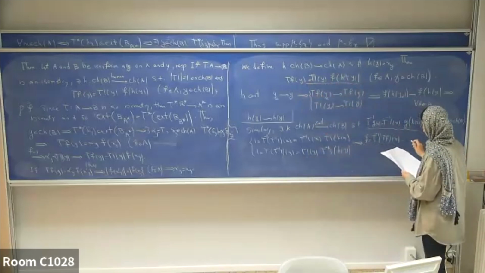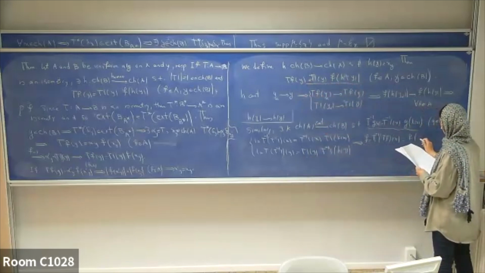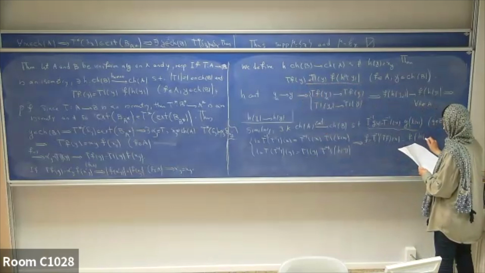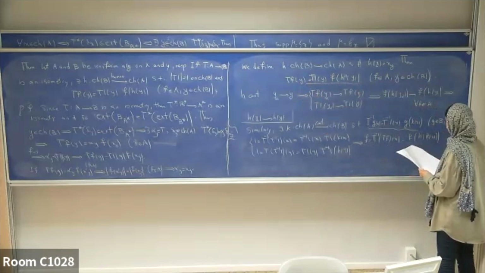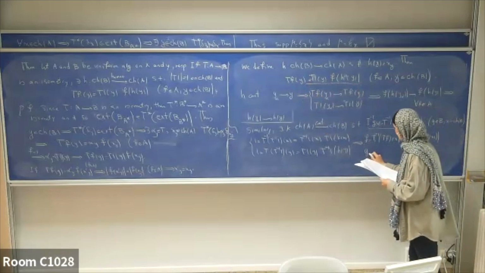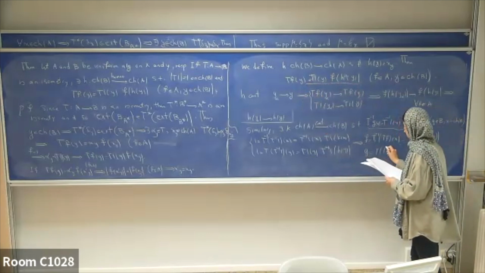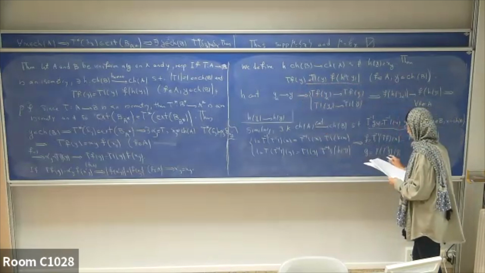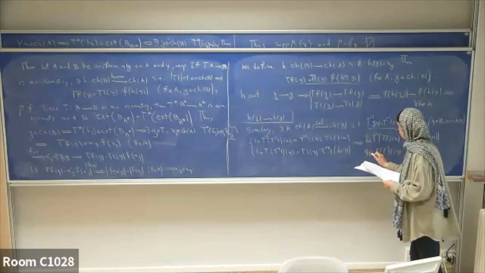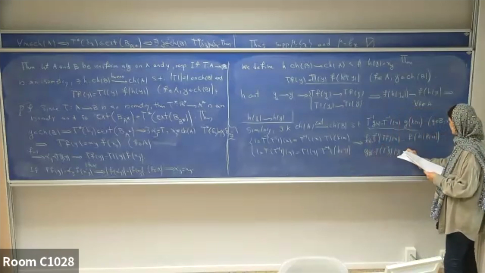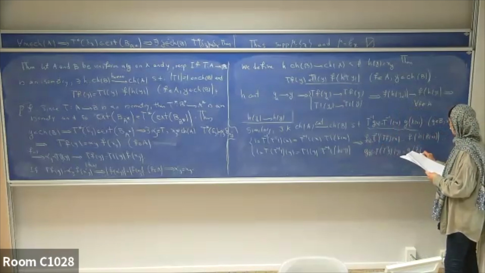And we finally get this is f of H of K of x. And for example, for g, K of T minus 1 of g at y. This is g of K of H of y.